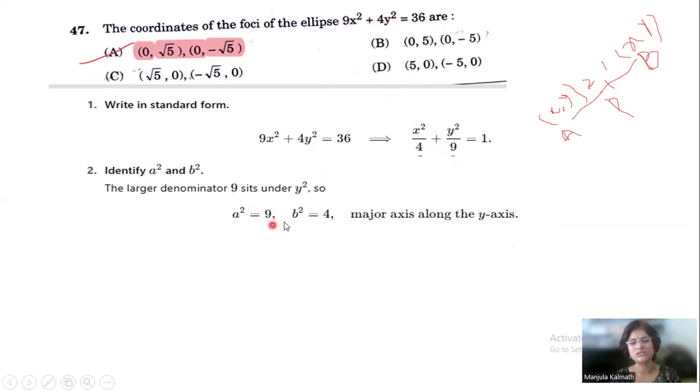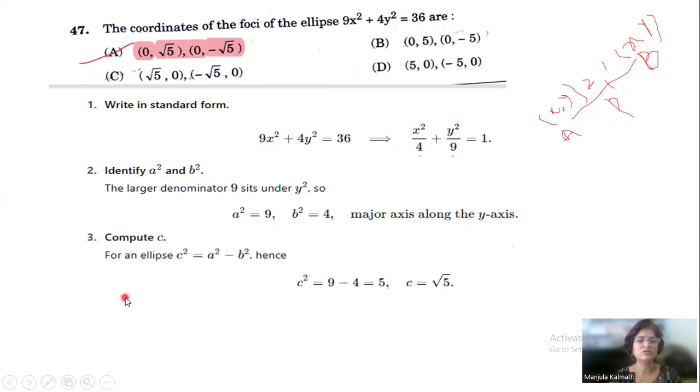So a squared is 9 and b squared is 4. The larger denominator 9 sits under the y squared. So we have a squared equals 9 and b squared equals 4. The major axis is along the y-axis. Here we have the y-axis and the x-axis.